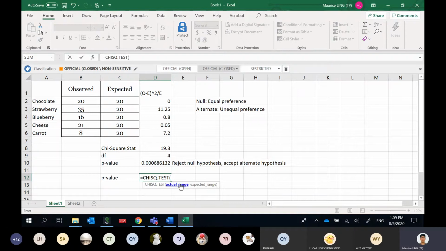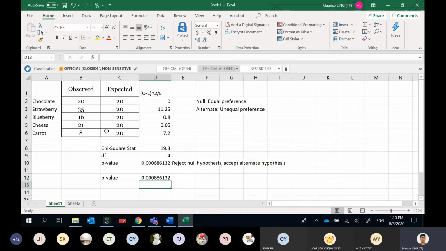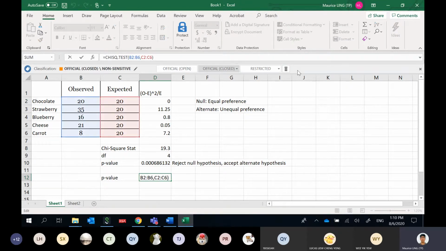It has two components: actual range and expected range. Actual range is your observed. And it will give you the p-value directly. So try this yourself and see whether you can get it using this formula. When you get it, raise up your hands.